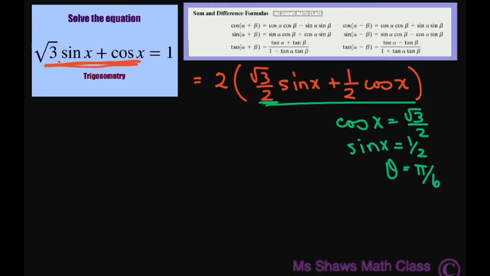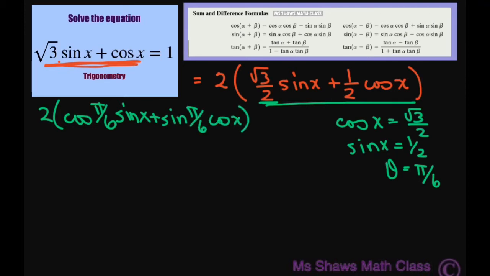And that means we could write this as 2 times cosine of pi divided by 6 times sine of x plus sine of pi divided by 6 times cosine of x. Now, it has this form, sine and cosine with the plus.